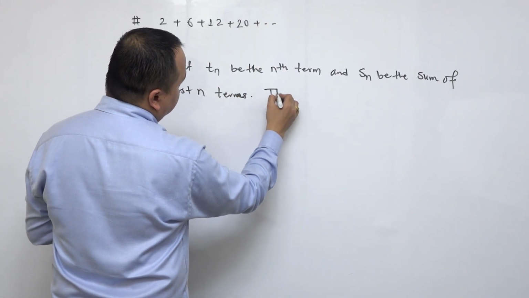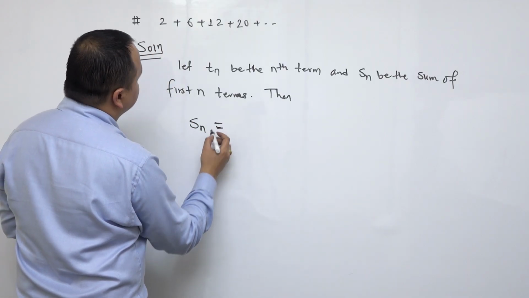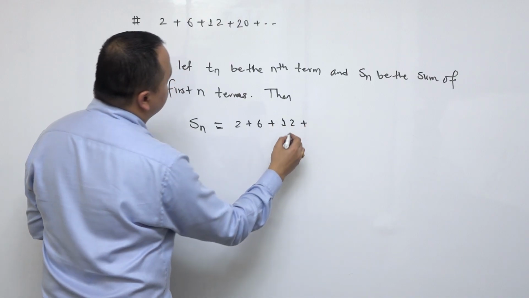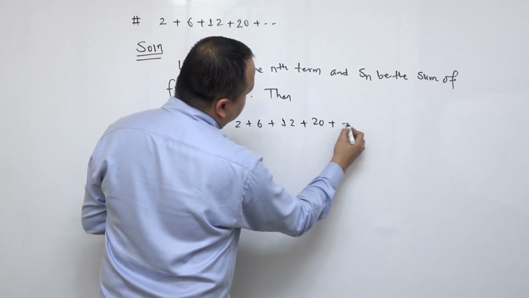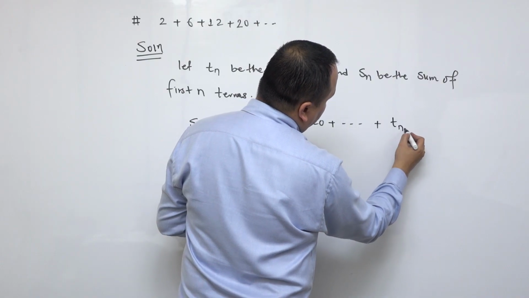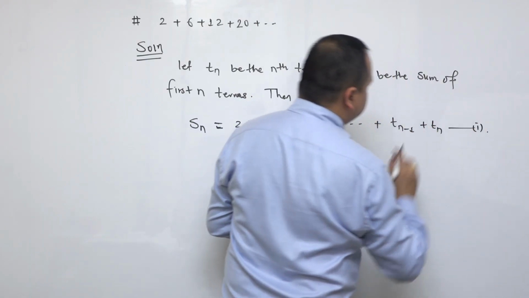Then Sn is equal to 2 plus 6 plus 12 plus 20 plus dot dot dot plus Tn minus 1 plus Tn.